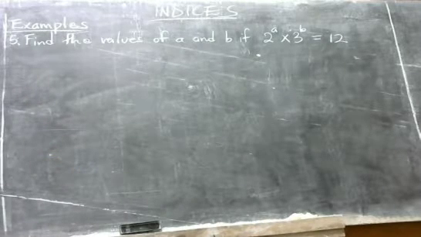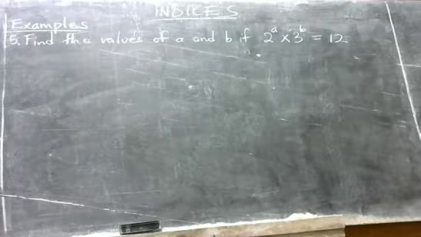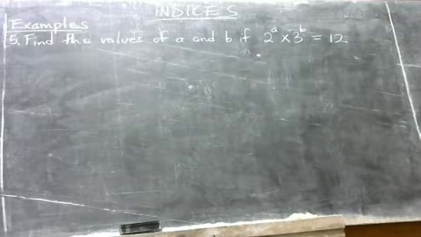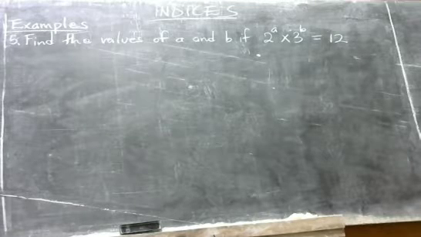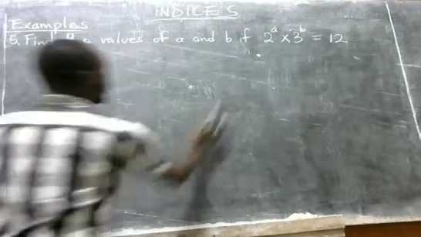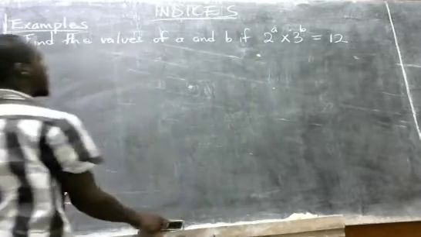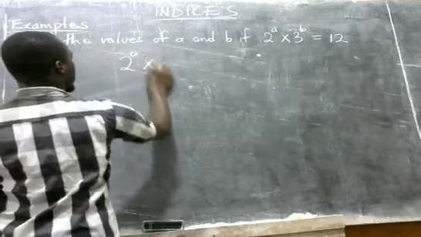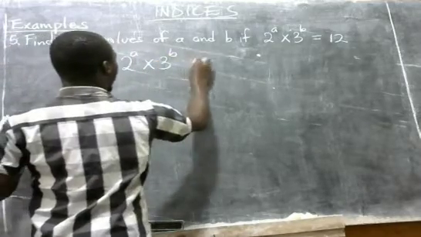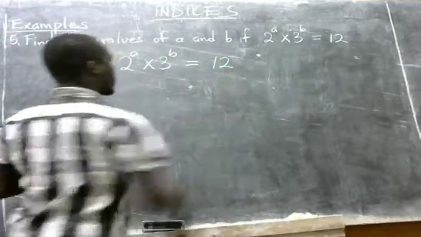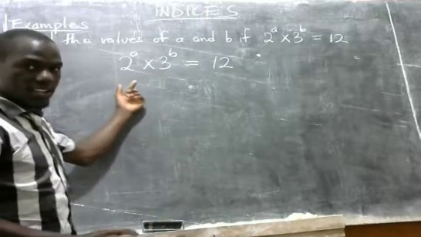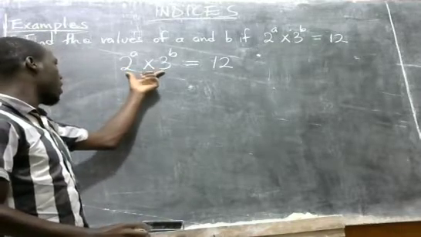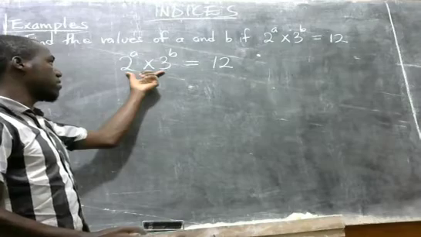Example 5 there, find the values of a and b if 2 power a times 3 power b is equal to 12. So on the left hand side, I'm having the 2 and the 3 as bases there.